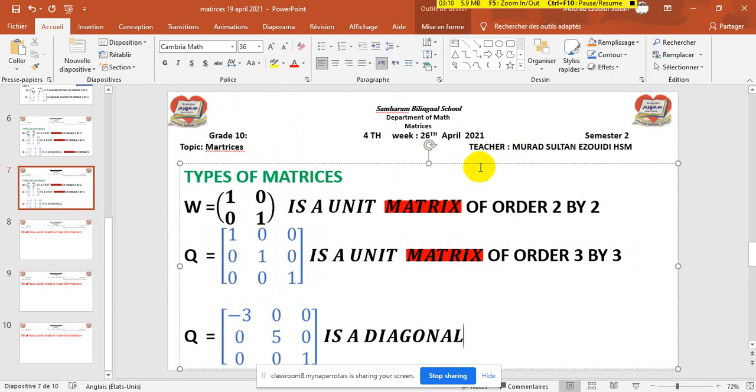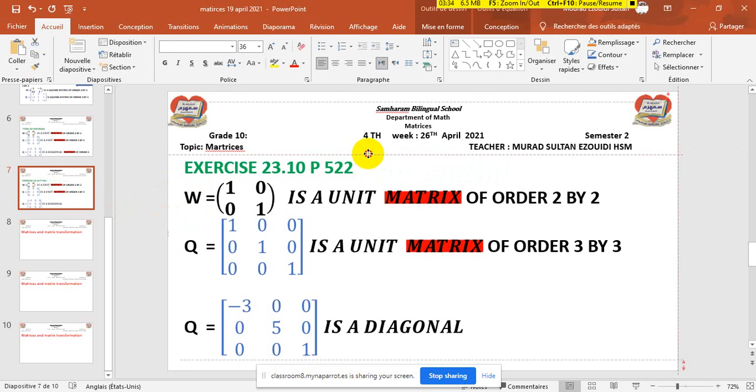Here we have, I will write the exercise, my daughter. Exercise 23.10, page 522. This is the exercise. I will just solve exercise number 1.